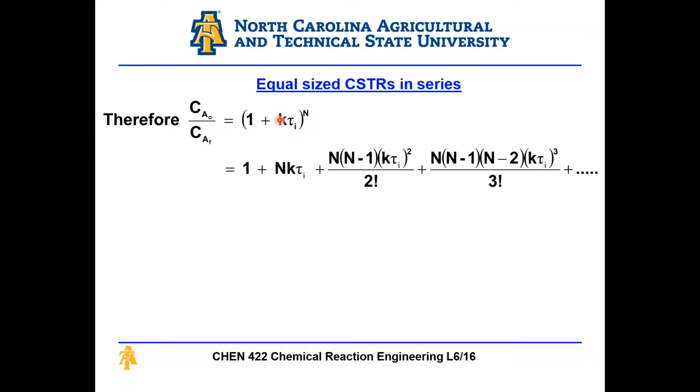So let's expand this using a series, if you recall from your math. We can expand this using this series: 1 plus n k tau i, n times n minus 1 over 2 factorial k tau i squared, and I basically expand this expression. However, you need to remember that tau i is equal to V total divided by n V naught, right?